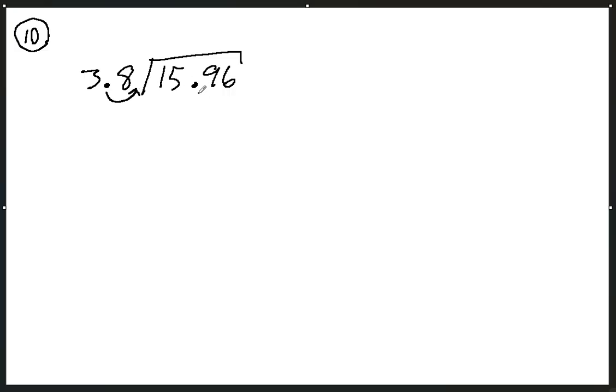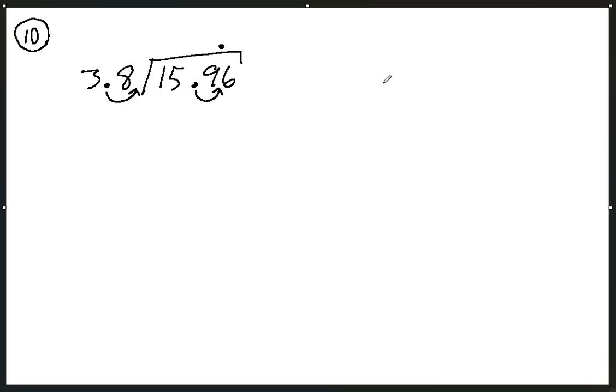We're going to do exactly the same thing with the number inside the little house. Shift it to the right as many times as we did to the number on the outside. And then we're going to go straight up here and put the decimal right here, because the decimal is going to be part of our answer.